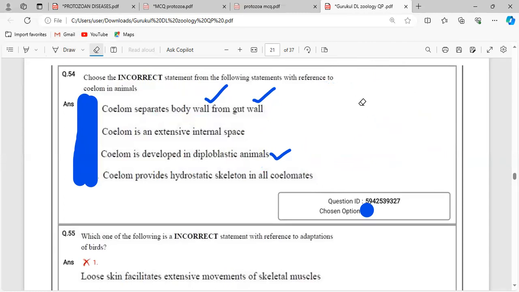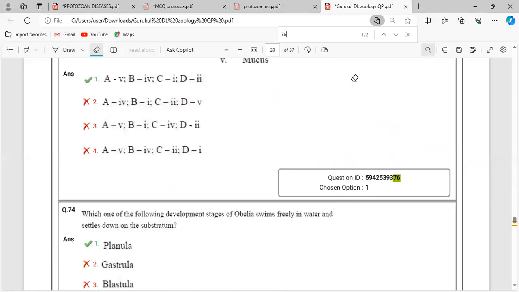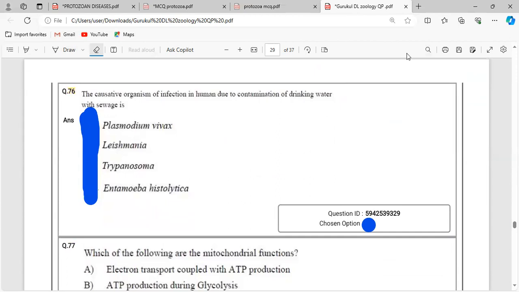Any doubts? Wait, we are going to do the next question. Answer this question: what is the causative agent of infection in humans due to contamination of drinking water with sewage?